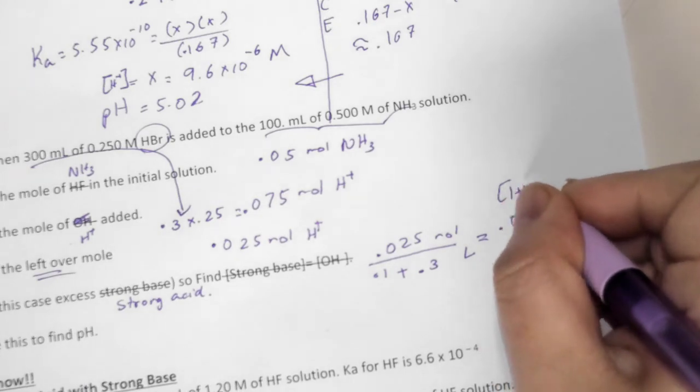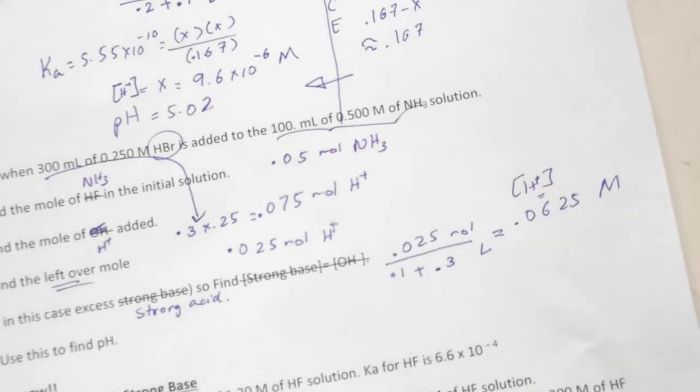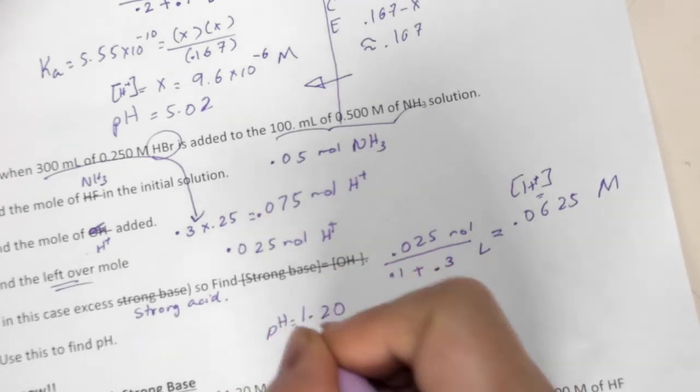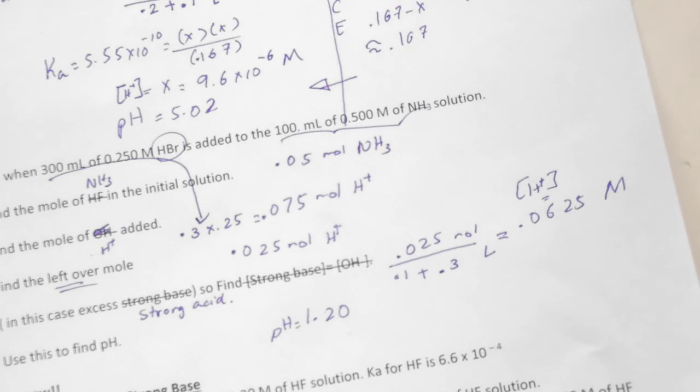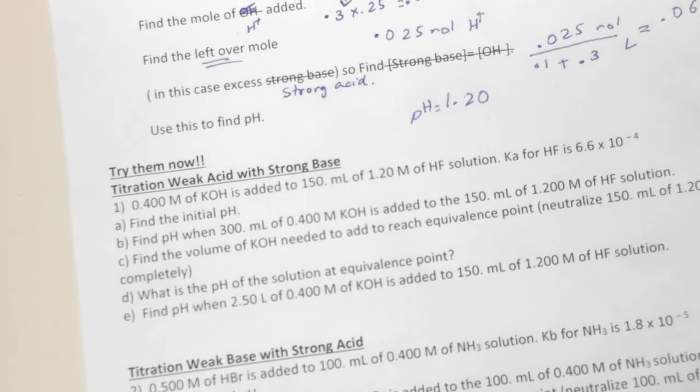By the way, this is H plus. So pH is negative log, 1.20. That's it. That's how you do strong acid-strong base, weak acid-strong base, weak base-strong acid titration. Your job: do these other two, and also the other two that I didn't do.